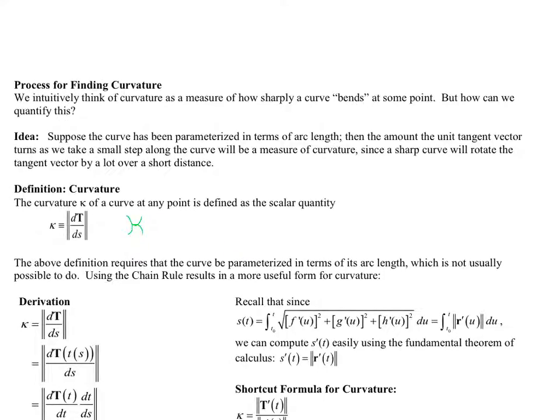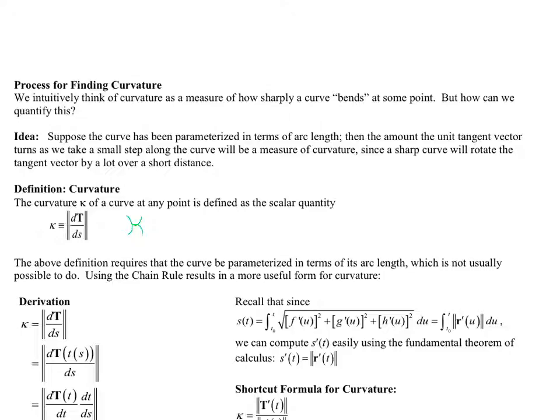So what we're looking for is the rate of change of the tangent per unit of change in the arc length. There's a couple of ways to handle this. One way would be to use the technique for putting our vector valued function in a parameterized form in terms of the arc length, get that relationship, and then work it out that way.